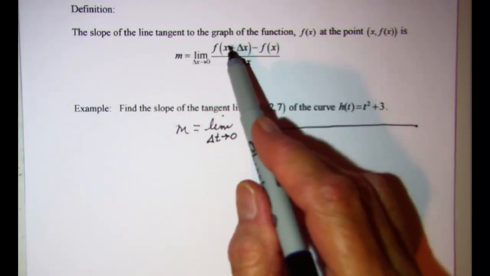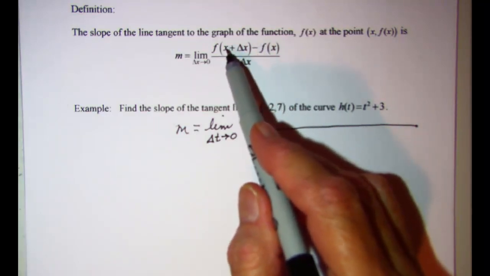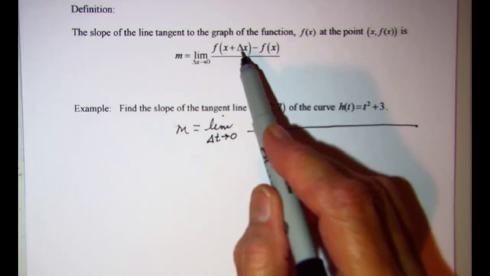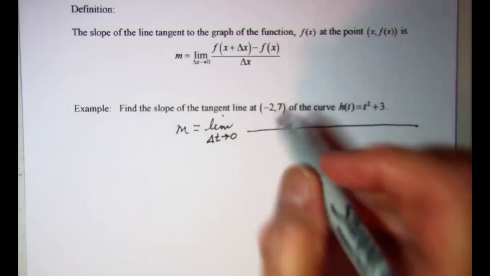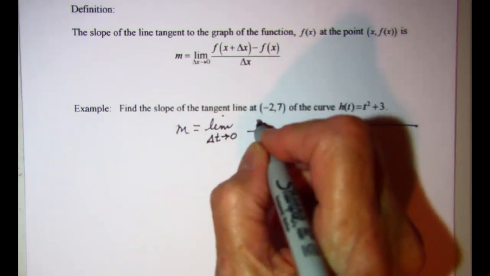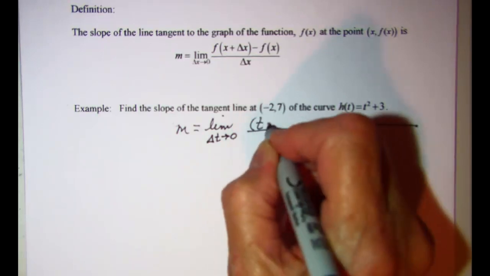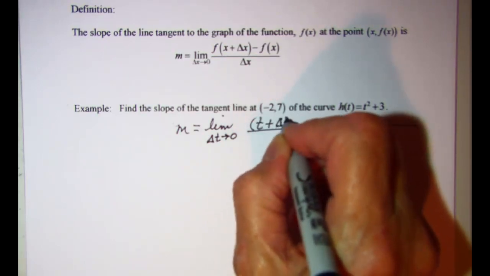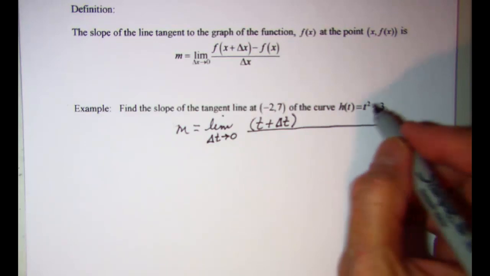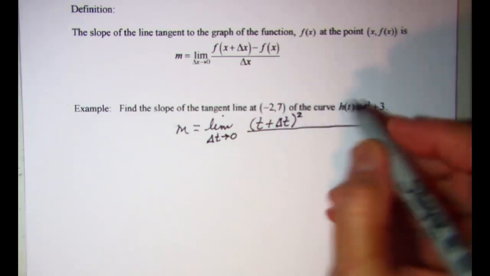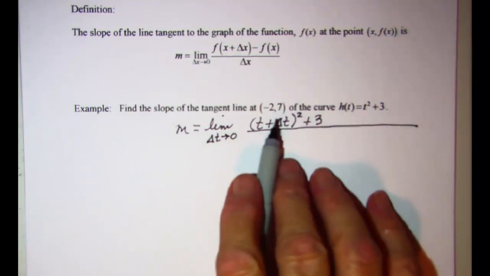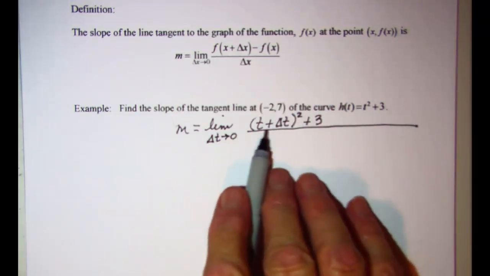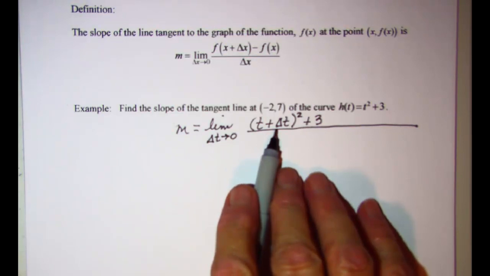So we're going to take t plus delta t and put it in here in place of the single variable t. And that's quantity squared. And then continue writing, plus 3. And that is our h of t plus delta t.